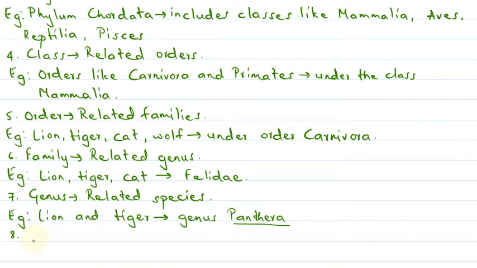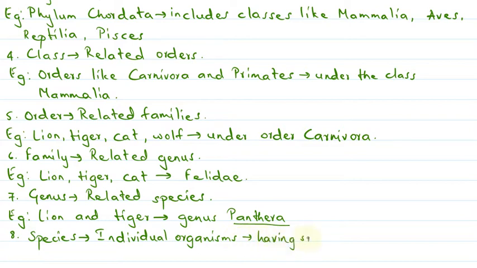Okay, after genus is species. So species include individual organisms having similar characters. Okay, these individual organisms have similar characters, and species is the lowest level of classification.